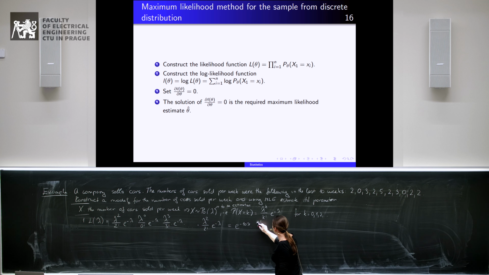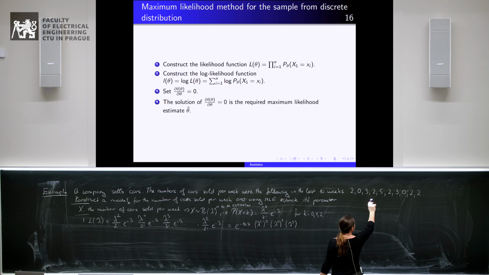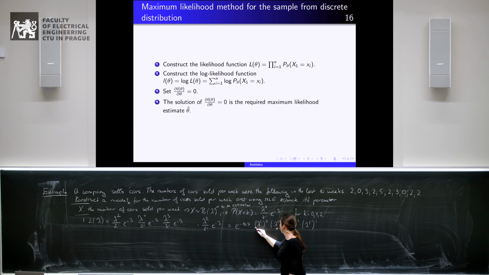So we have lambda powered by 2 five times in the product. Then we have lambda powered by 0 twice in the sample. Lambda powered by 3 is twice in the sample, and lambda powered by 5 is once in the sample.